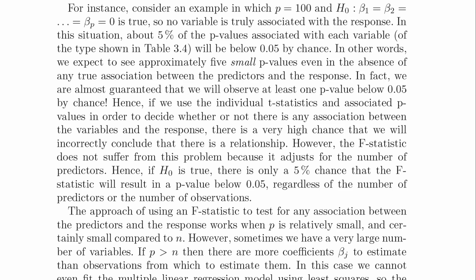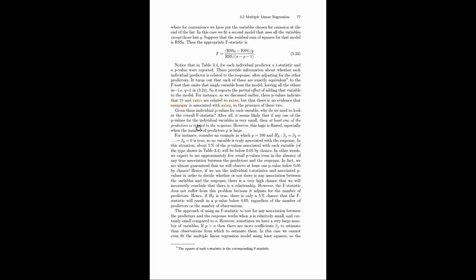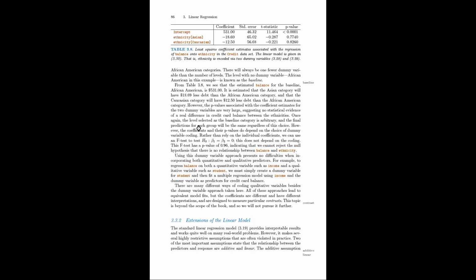Hence, if we use the individual t-statistics and associated p-values in order to decide whether or not there is any association between the variables and the response, there is a very high chance that we will incorrectly conclude that there is a relationship. However, the F-statistic, so what's going on over here? I'll zoom out again and go back to the lab section.